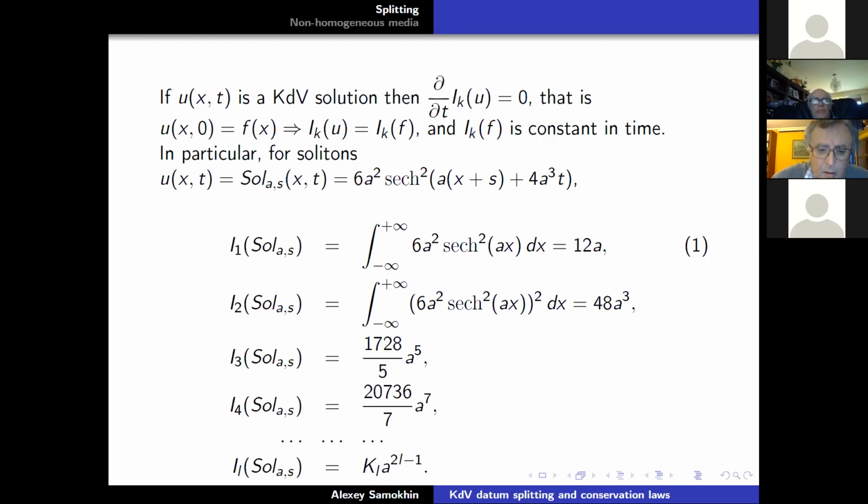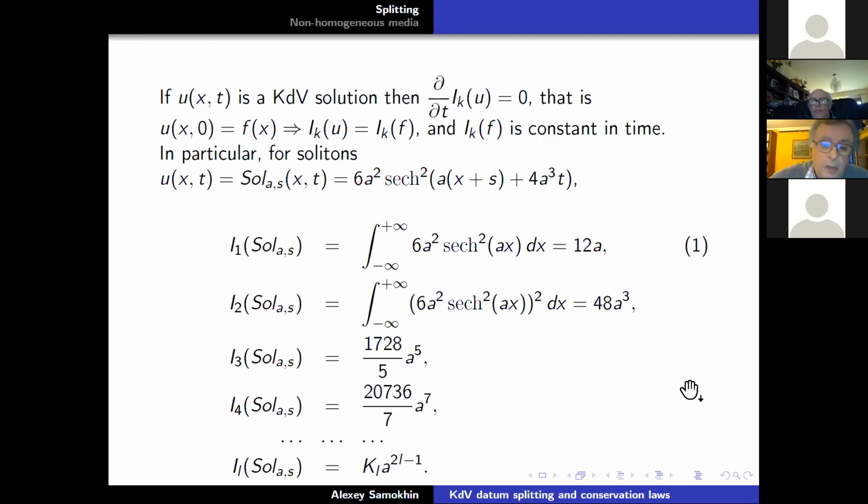K indexed is the specific constant, which for the mass is 12, for the momentum is 48, and so on. They have no interesting meaning because it's just norming and nothing more.